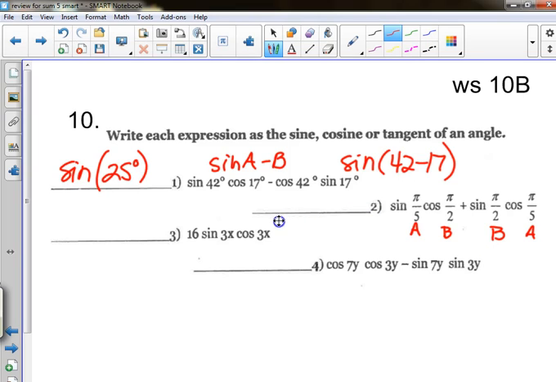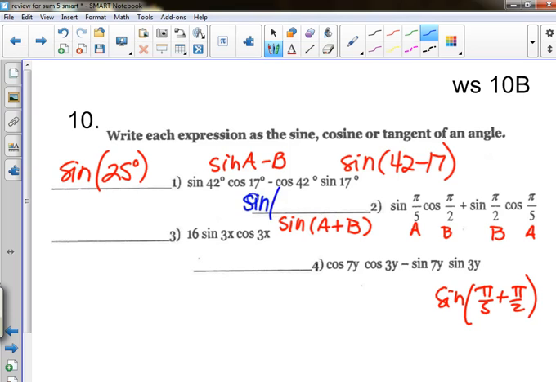So what is it? A plus B again? Or this time it's plus? Okay, so we're going to write pi over 5 plus pi over 2. I need you to simplify. 2/10 and 5/10 is 7/10. How did I do?